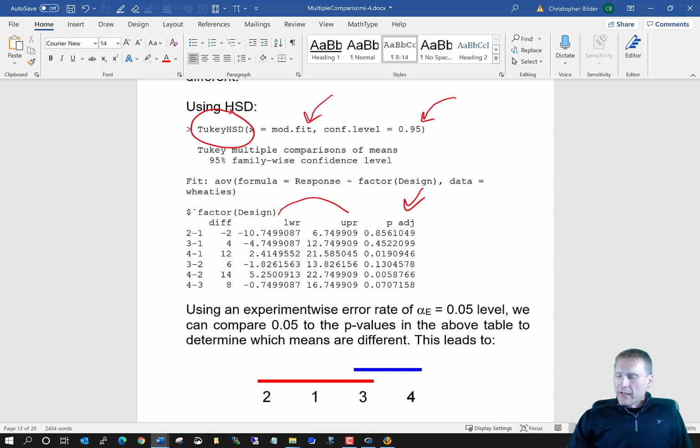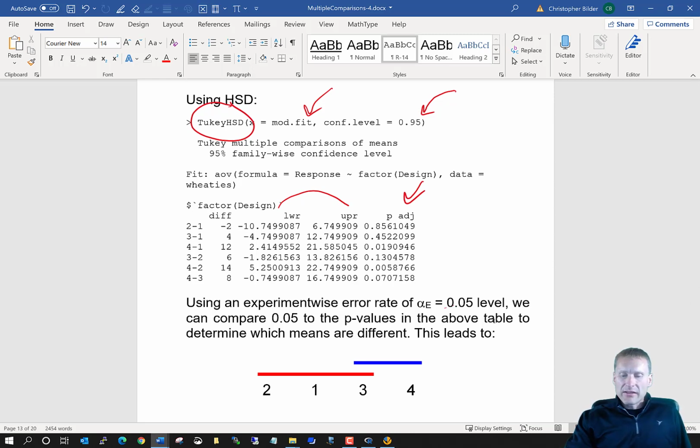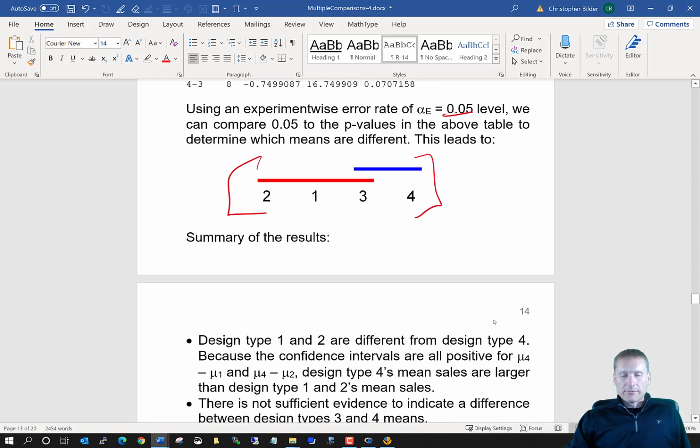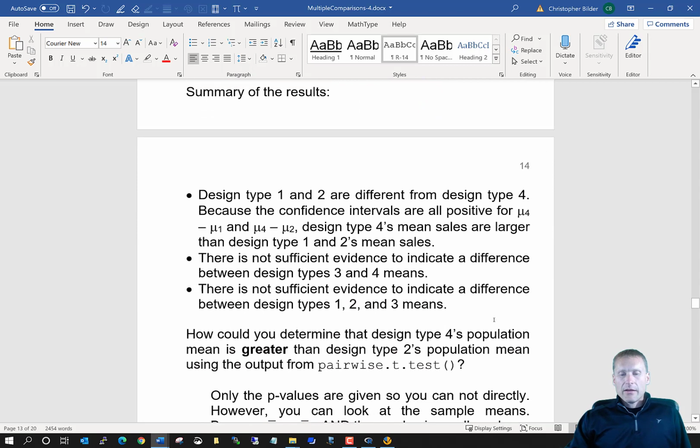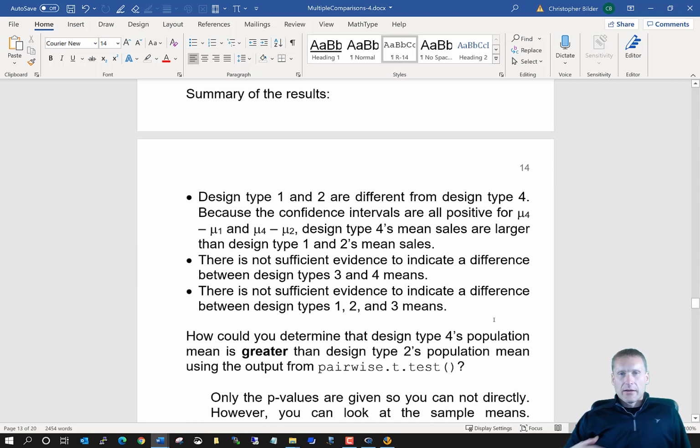So in this particular case, we're looking for p-values that are less than 0.05. So we have this one and this one. And that leads us into the exact same graphic that we saw before. So using 0.05 as our experiment-wise type 1 error rate, what that says for us is that designs 1 and 2 are different from design 4.